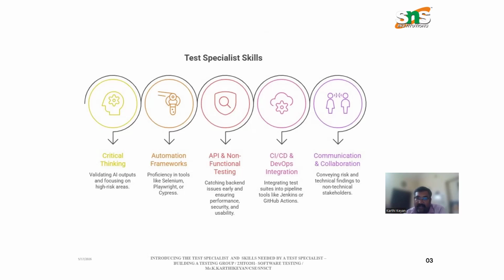Catching backend issues early and ensuring performance, security, and usability. CI/CD DevOps integration means integrating test suites into the pipeline using tools like Jenkins or GitHub Actions. And communication means conveying risk and technical findings to non-technical stakeholders.